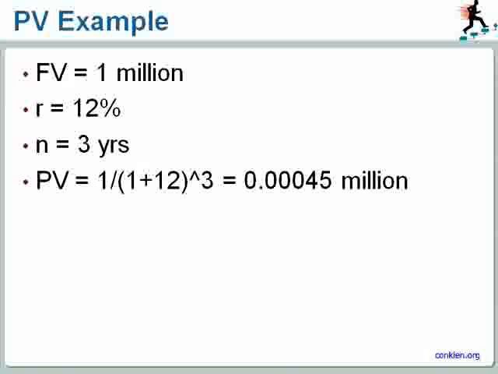That will be the present value, because if we invest that money into a bank account, or, well, bank accounts don't pay 12%, that would be more like an investment in shares that may pay up to 12%, then we would only have to invest this little money, and in 3 years we would have 1 million as a result.